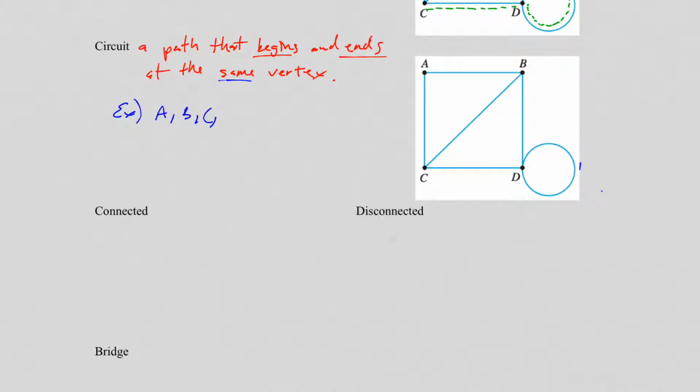All right, so an example of that would be A, B, C, and A. So notice that immediately you see the same letter twice, one in the front and one in the back. Without even looking at the path, you know you started at A and you're going to end at A. That's a circuit. Okay? You start at A, so go ahead and do your path yourself. See how you do.